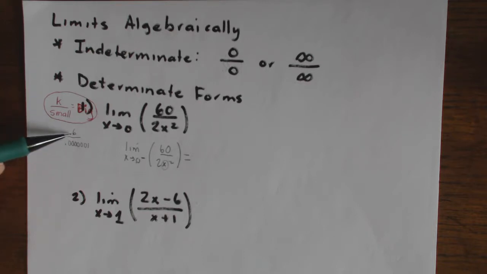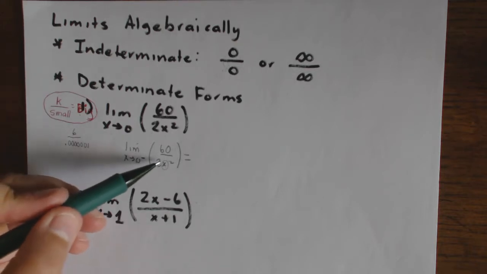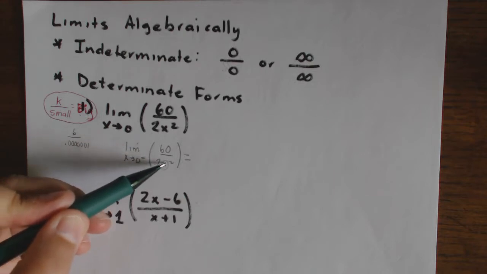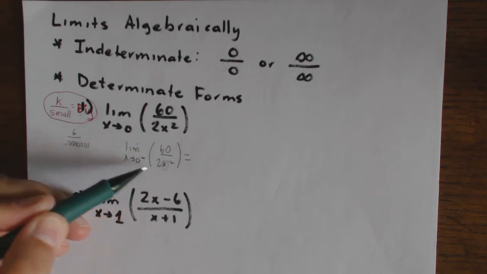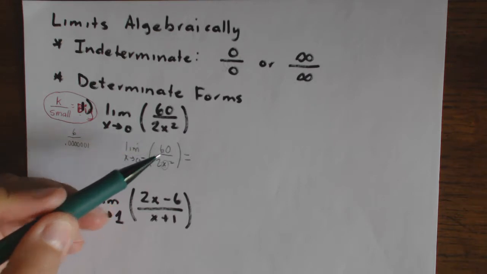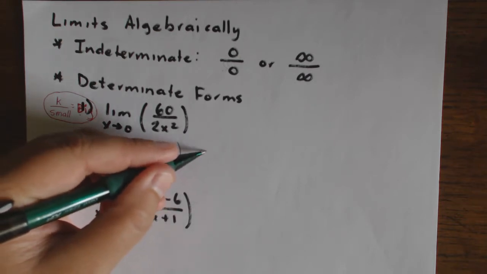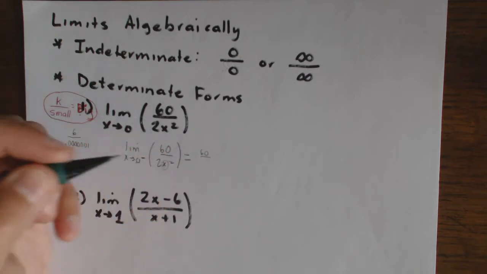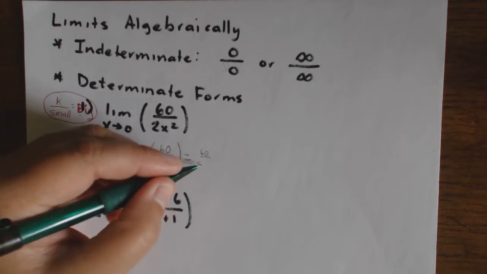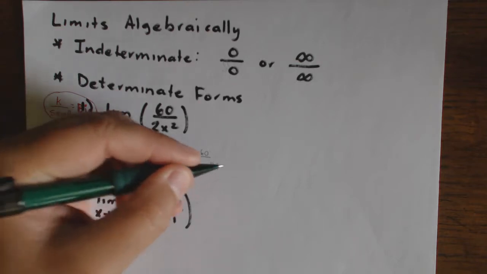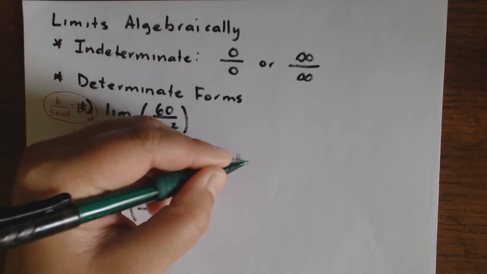So a constant number divided by a tiny number is going to give you a very big number. Okay? So you got to remember that. K divided by small is big. And so remember how we said this is positive because this negative number squared is positive. So 60 divided by a really small positive number is a really big positive number.